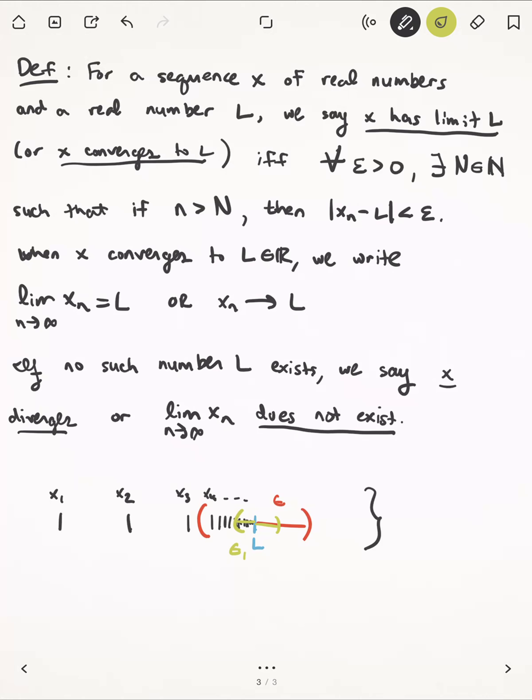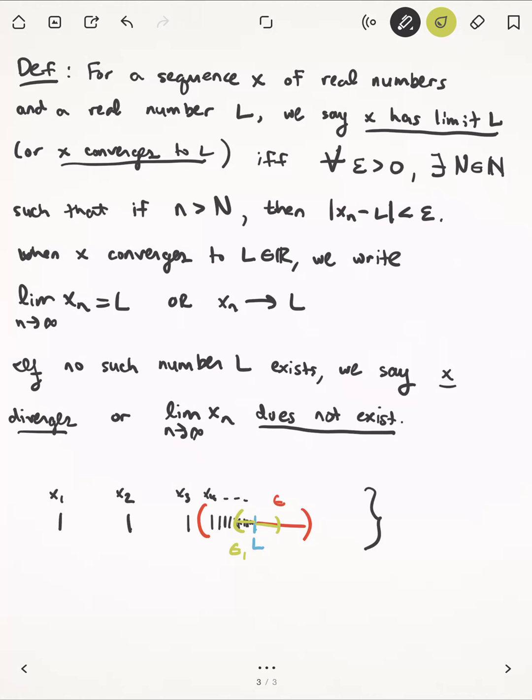I have to take some terms bigger than 4, 5, 6, 7, 8, maybe 9 or 10. And if I index all the terms of the sequence that are indexed by a natural number bigger than, say, 10, they are going to fall under this interval of really just length 2 epsilon 1, but are within a distance of epsilon 1 away from the limit.